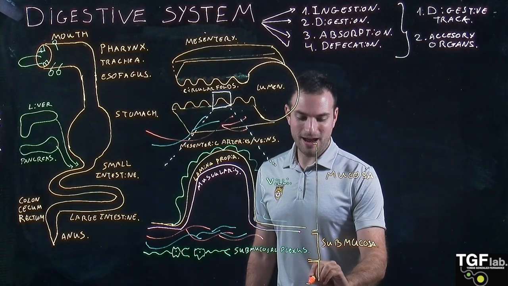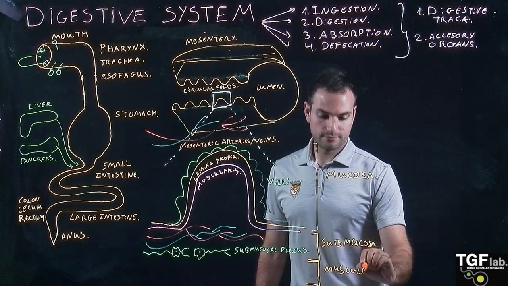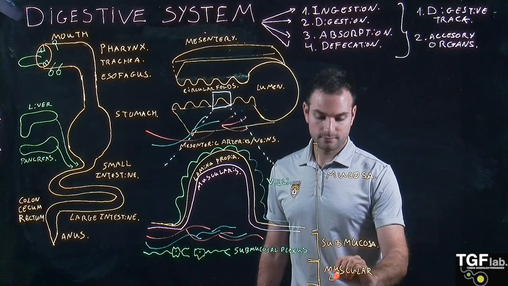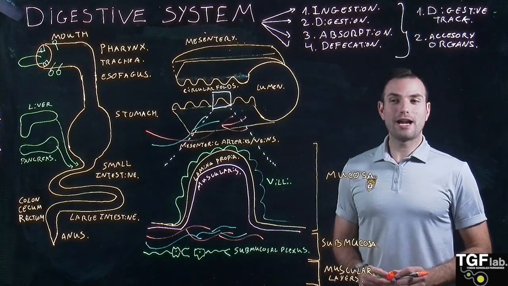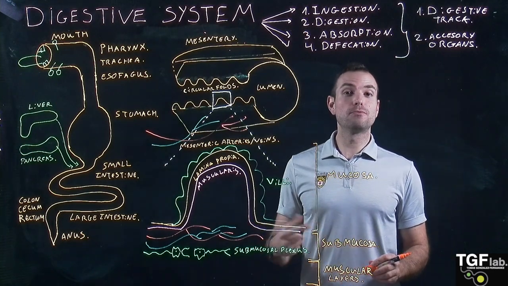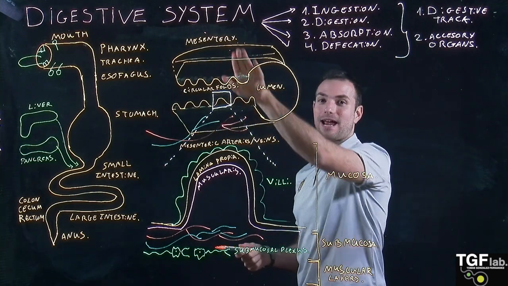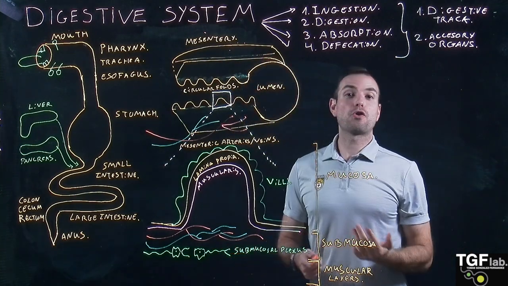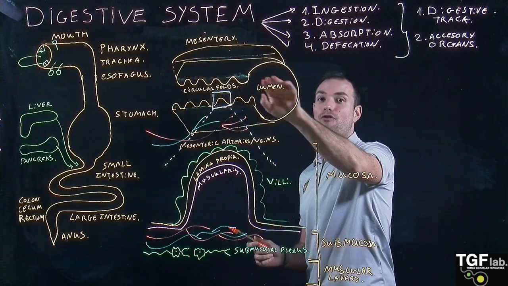Okay, so after the submucosa, and we are running a bit out of space here. After the submucosa, we have the muscular layers. So in these muscular layers, we have two different types of muscular layers. We have the circular muscular layers. So the circular muscular layers are going to go in this direction. And then we are also going to have the longitudinal muscle, which is going to go in this direction.